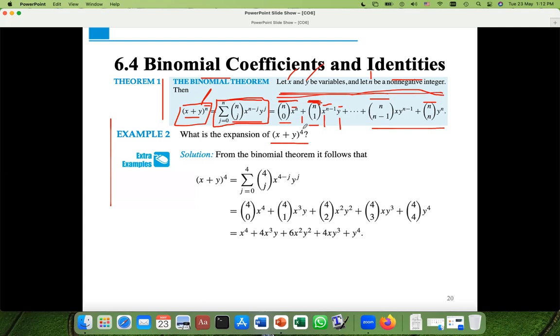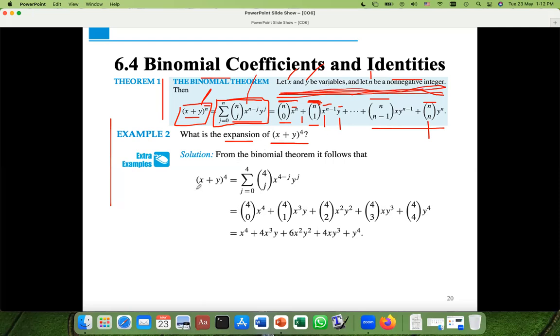If we expand it, this will go only up to 4, not up to n. First you will expand it into this summation form, and then in the next step you will expand it like that, as you are expanding it here.